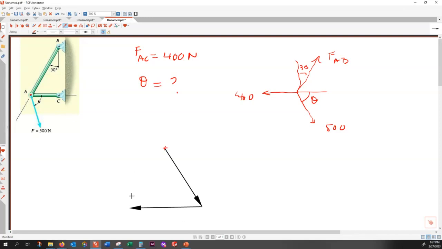This is 400. And from here, this force should come back to 0, right? So let's solve this one. 500 here, 400 here, and this one is FAB. So what do we know?